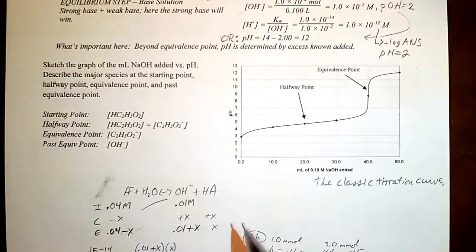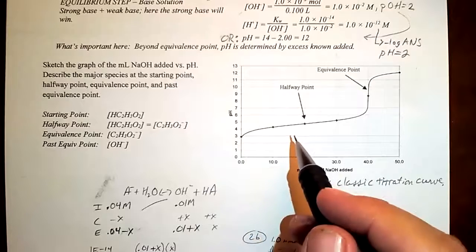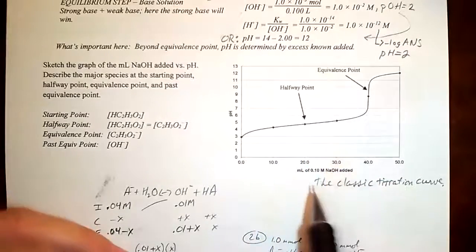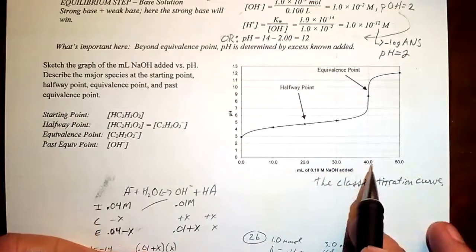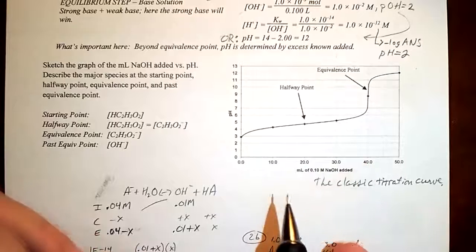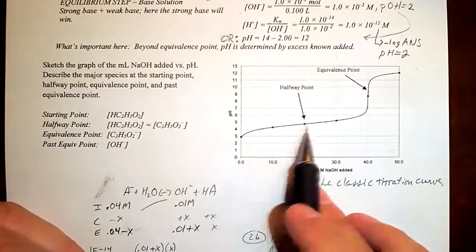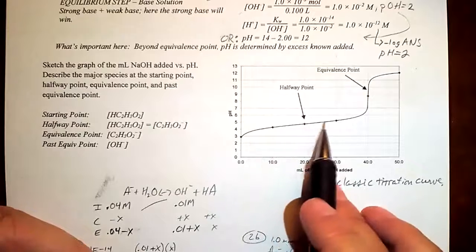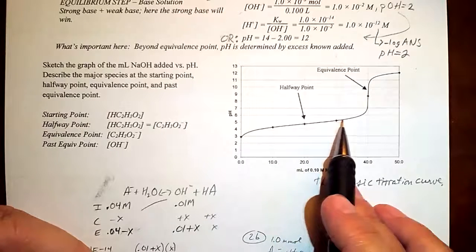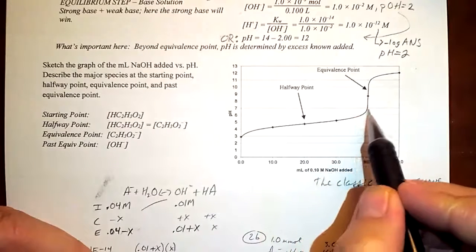Or to turn that concept around, you only have to add 1/10 the amount of the reactant, in this case the base, to push the pH through one more pH integer toward 7 as you approach 7. So this gets easier and easier to push the pH around, and as you get close, it just skyrockets.